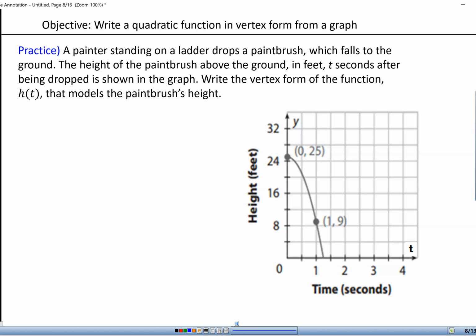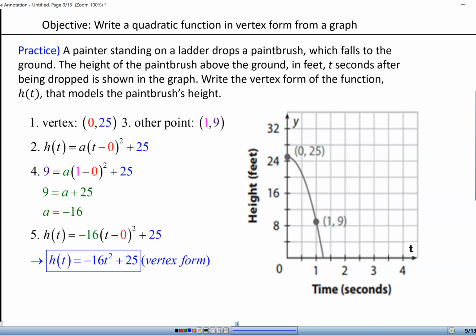Here is a practice problem for you to try. Let's take a look. So hopefully, here is your vertex form, similar to the problem we just did, except this one, the half parabola does open down, so you should have expected a to be negative, and here it's a negative 16.